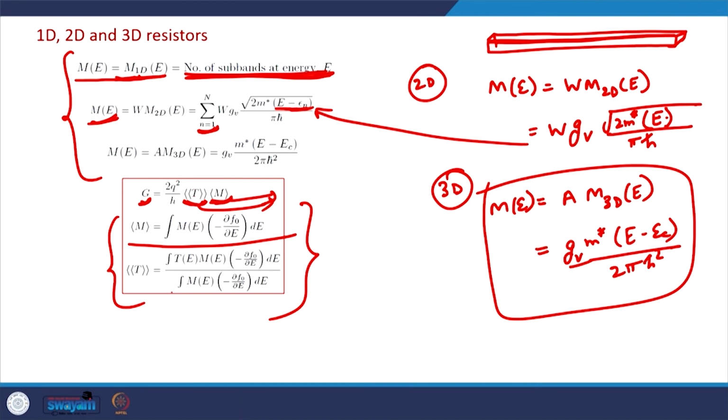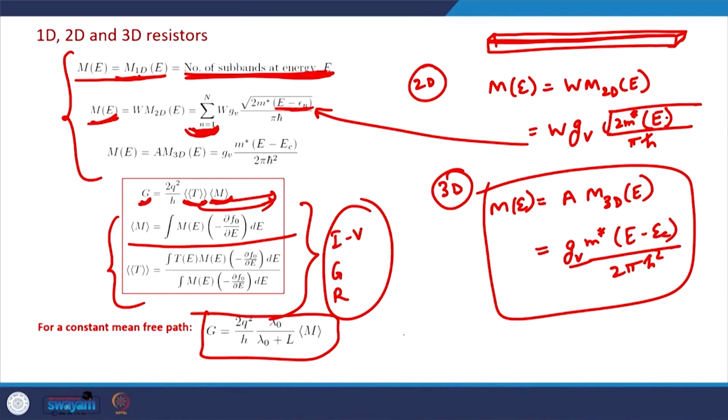Then depending on the carrier confinement in other directions, we need to find out how many subbands arise in this system, and by taking all that into account, we can finally calculate the device parameters, device IV characteristics and conductance or resistance of the device. So, this is how things actually work in real life.